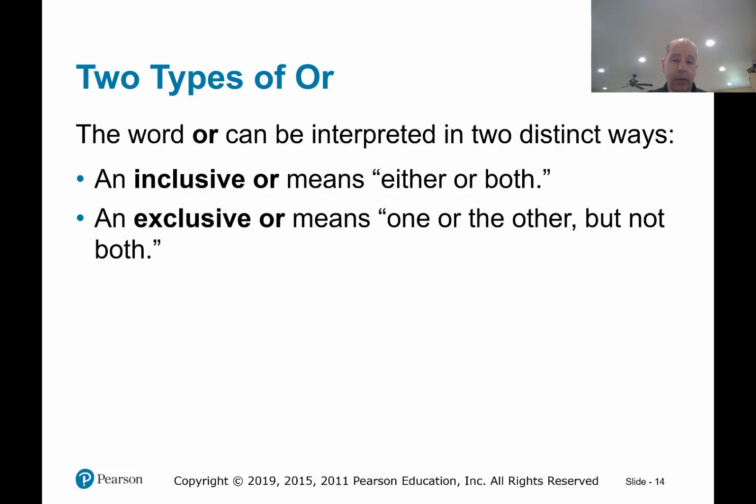if it allows for the option of having both, would be an inclusive or. Like, would you like to buy the red shirt or the white shirt? And the customer says, well, I'll take both. And the sales person says, oh sure. Right? So inclusive or was meant there.